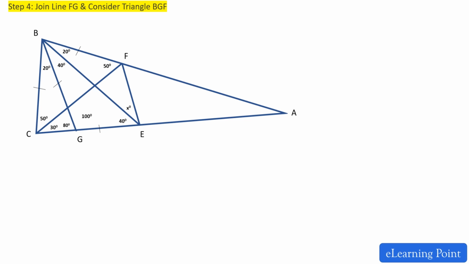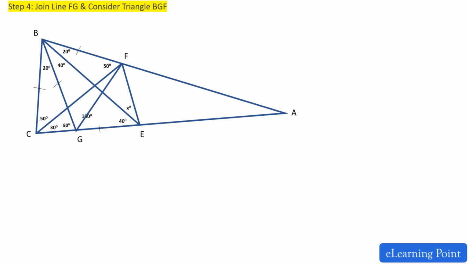So now move on to step 4. Now join line FG and consider the triangle BGF. You can see clearly that one angle is 40 plus 20, that is 60 degrees. If you see in the picture for the triangle BGF, based on our previous calculation, BG equals BF.